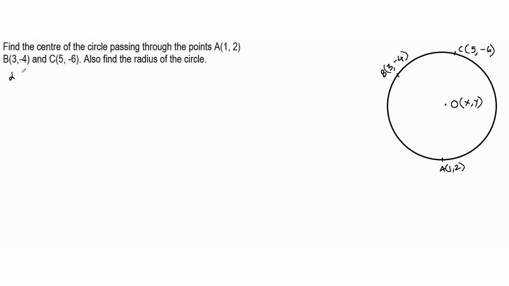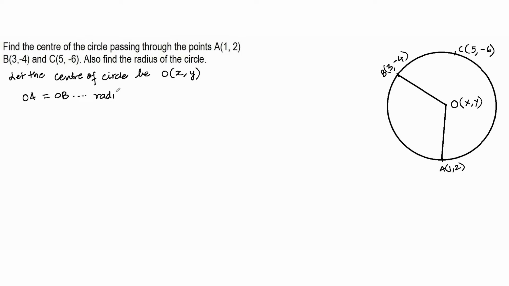So now I can say that let the center of the circle be O of x comma y. And now I know that the length OA is equal to the length OB, because these are the radii of the circle.